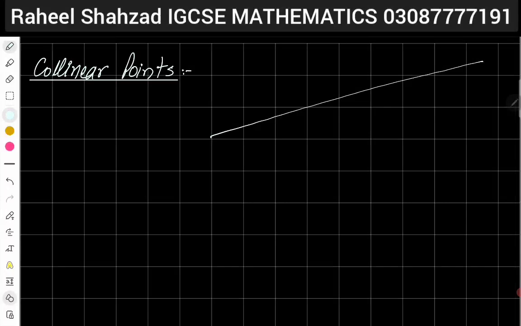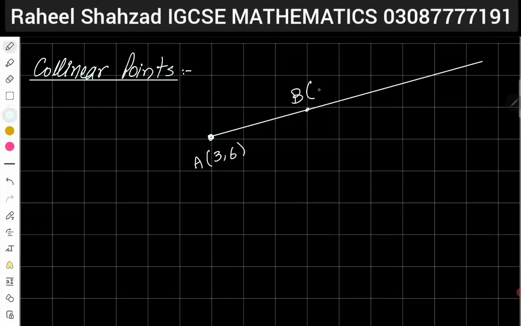For example, this is a straight line and we have 3 points lying on it: A is (3, 6), B is (5, 10), and C is (8, k).